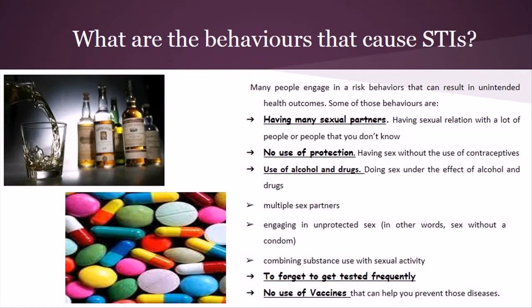Some of those behaviors are having many sexual partners, having sexual relations with a lot of people or people that you don't know, no use of protection, having sex without the use of contraceptives, use of alcohol and drugs, doing sex under the effect of alcohol and drugs, engaging in unprotected sex, in other words, sex without a condom, combining substance use with sexual activity, forgetting to get tested frequently, and no use of vaccines that can help you prevent those diseases.